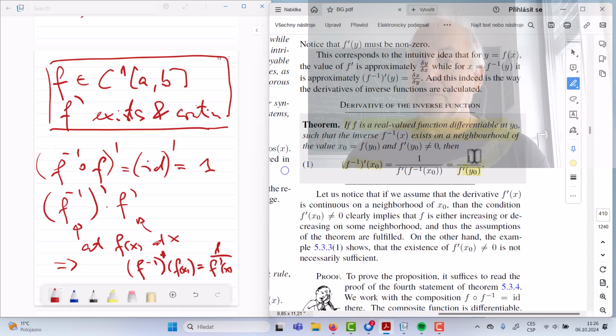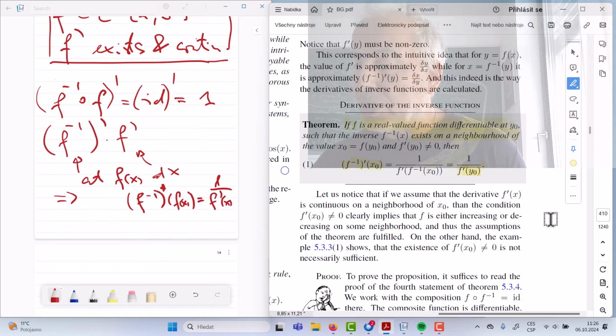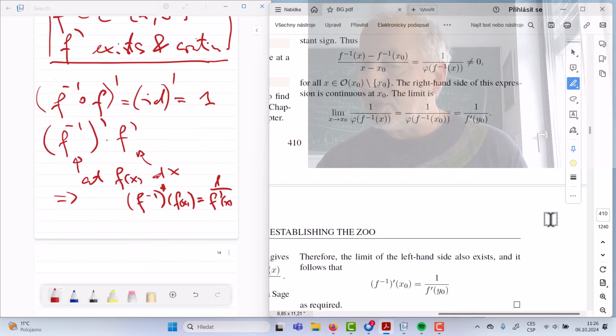The problem that you have something which seems to be growing at a point, but is wiggling at every neighborhood, so that it's decreasing and increasing in turn, then of course the inverse wouldn't exist. But if it exists, it must be this way. And then the proof is pretty easy, it's here on a few lines.